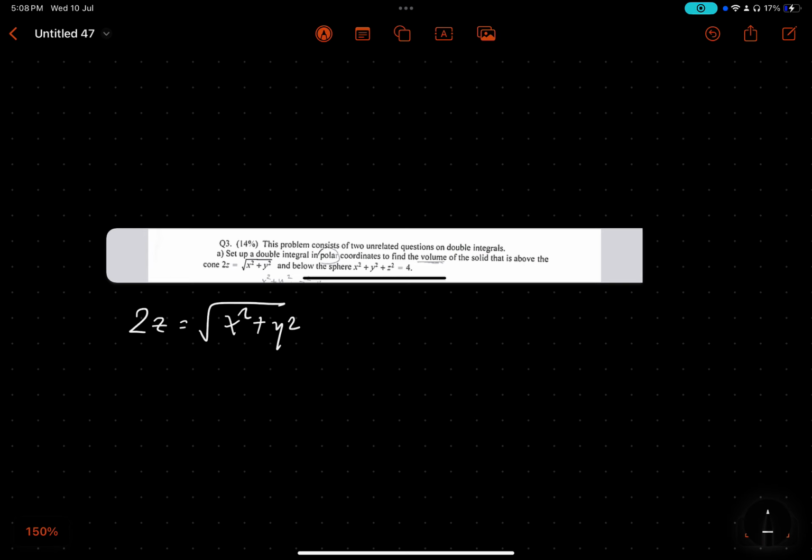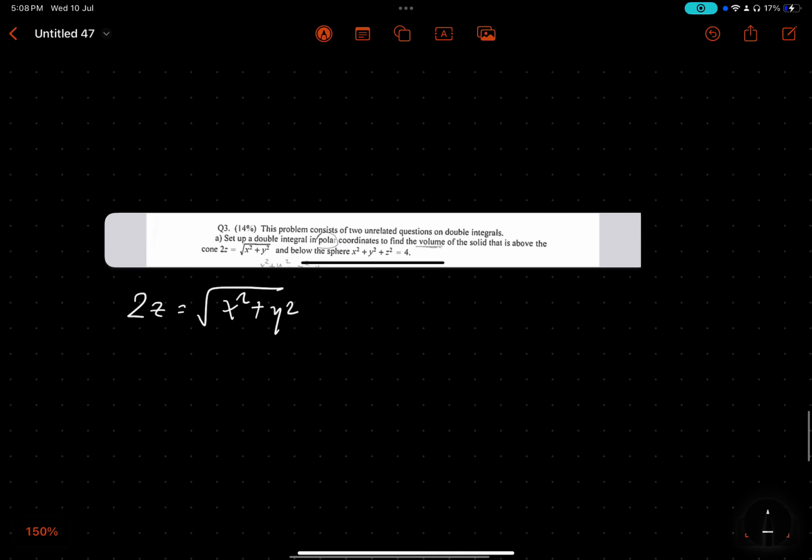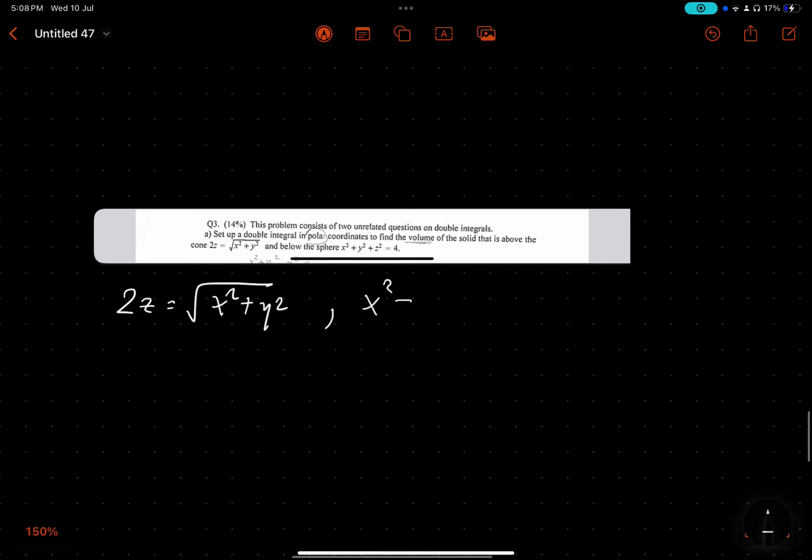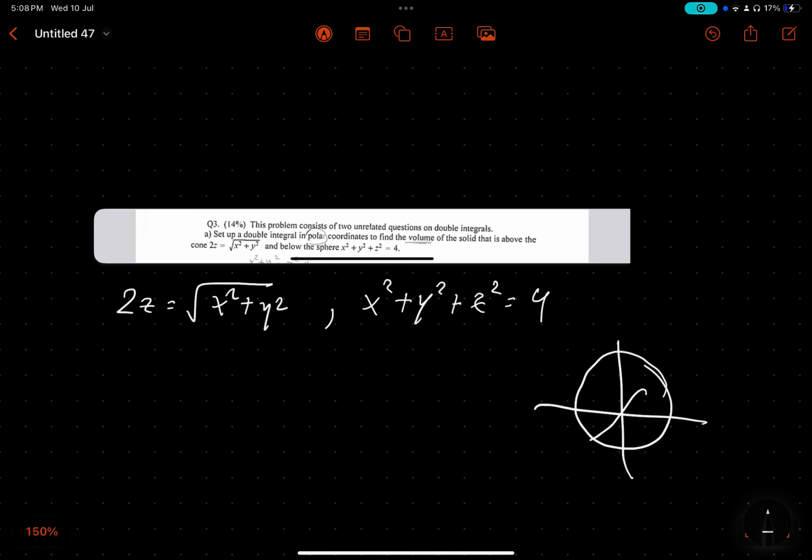So he wants us in polar, and also he wants us below the sphere x squared plus y squared plus z squared equals 4, and then we go this, and this is our sphere, and we have also our cone, which is like this, and he wants basically the volume that is this volume above the cone and below the sphere.